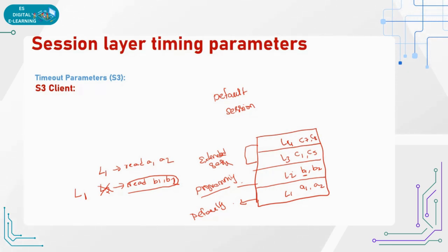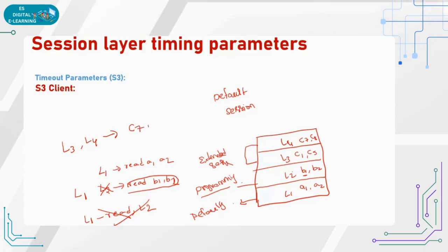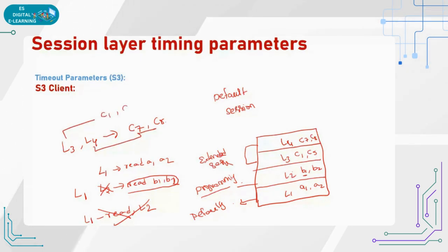Similarly for the extended session, you cannot read data from L1 or L2. You should always go with L3 and L4 to read the data of C7, C8. L4 has the L4 data, and in L3 you have C1 and C5.